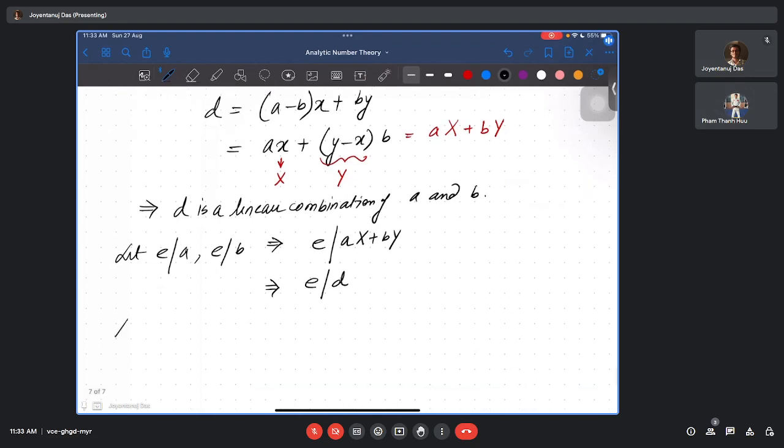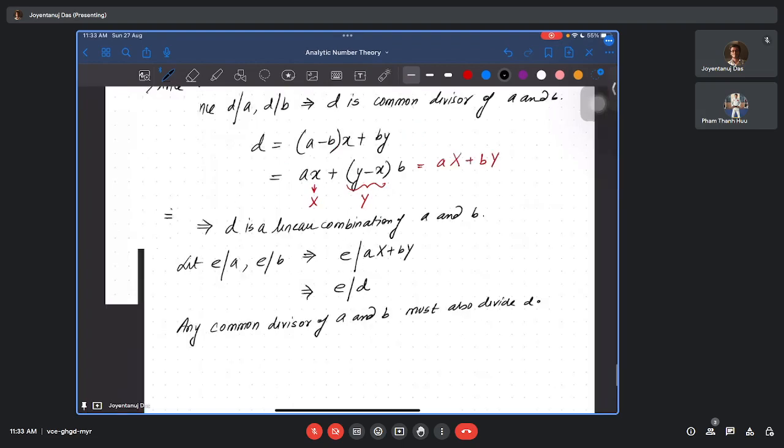So any common divisor of A and B must also divide D, right? So up to this is fine. Oh, wait.